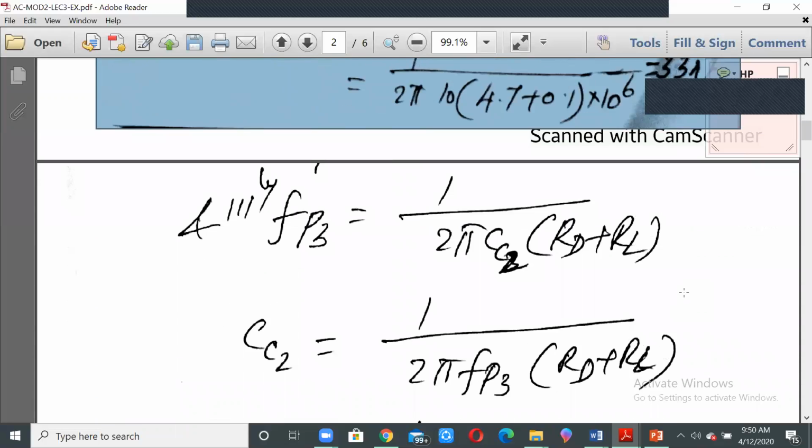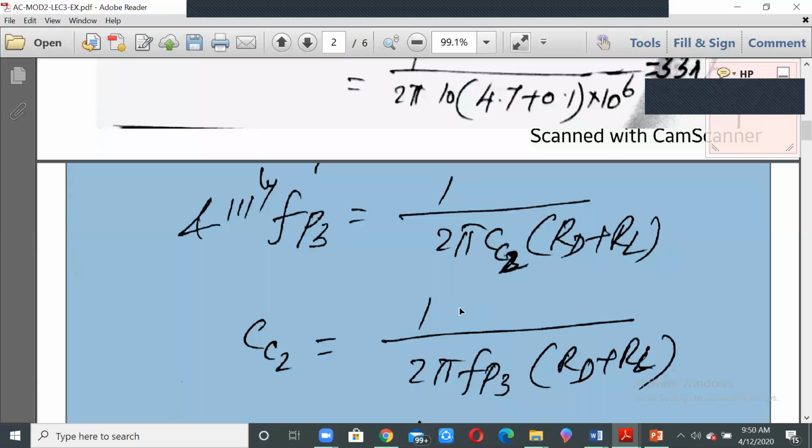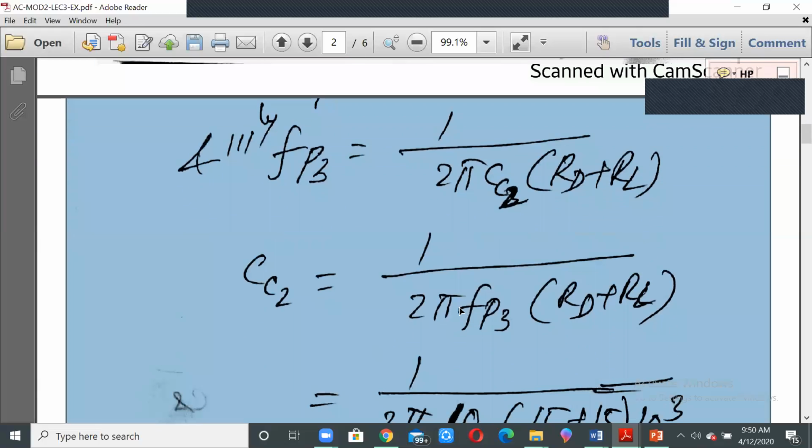Then we will come to fP3 now. fP3 is again in the same way 1 by 2π CC2 (RD plus RL). This is the formula for fP3. Really speaking, what we know is ωP3 is equal to 1 by CC2 (RD plus RL), and fP3 will definitely have 1 by 2π added there.